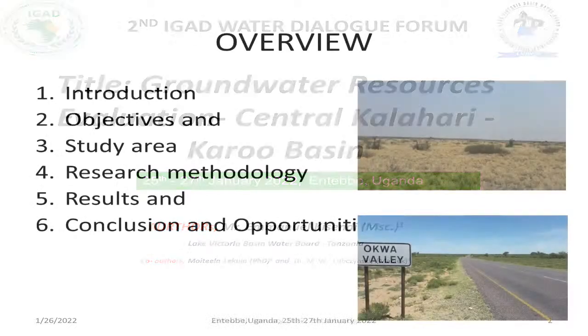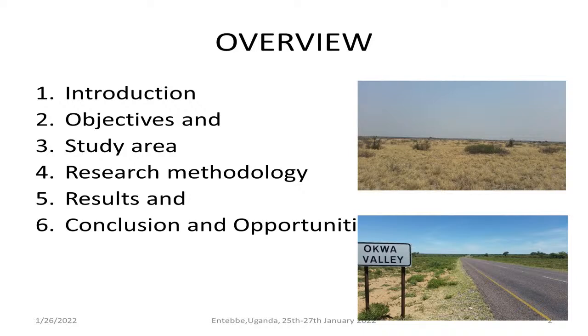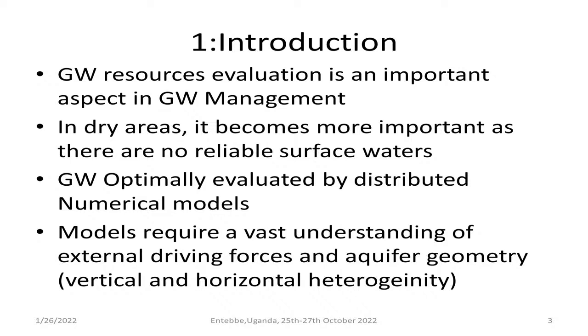Now, we all know that groundwater is widespread and very important, especially in the areas which are dry, like Botswana, where surface waters are limited. There is much dependence on the groundwater resources.